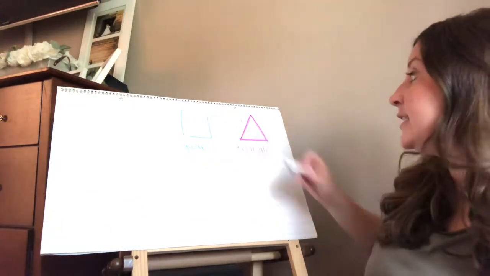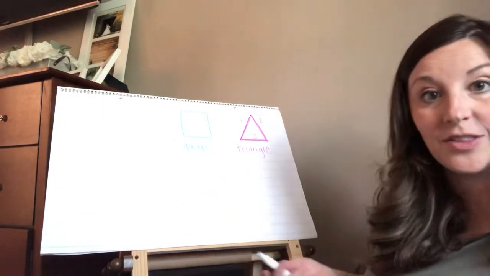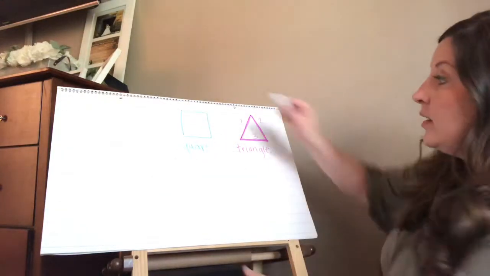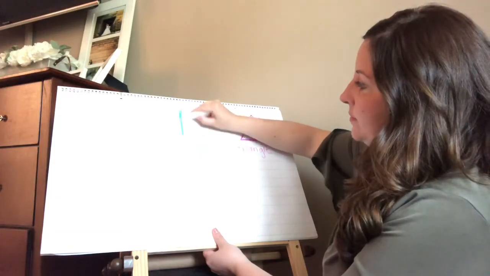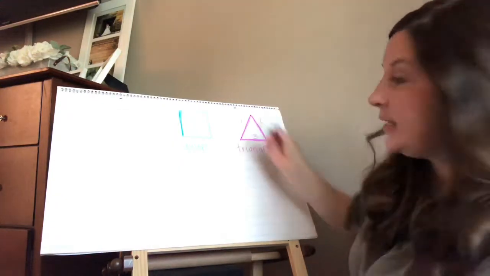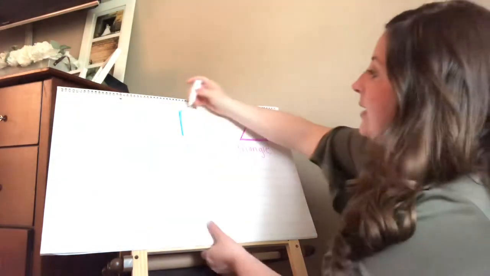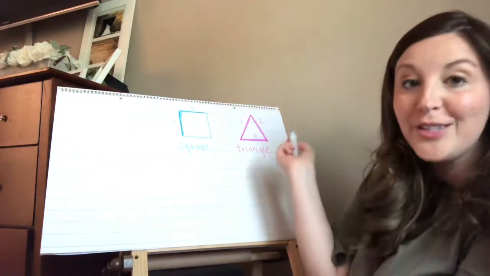Remember, the sides of a shape are the lines that it has. So let's count the lines or the sides that the square has. Ready? There's one line, so I'm gonna color it in so I know that's a line. That's 1. Here's a line, so I know that's a side. I'm gonna color that in. That's 2.